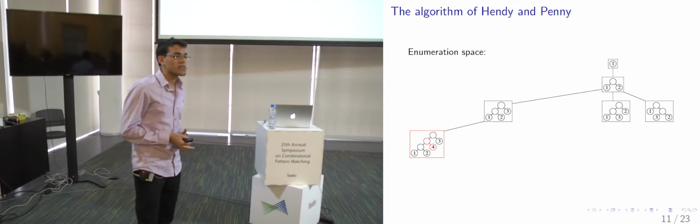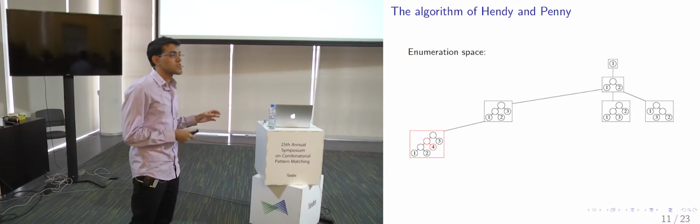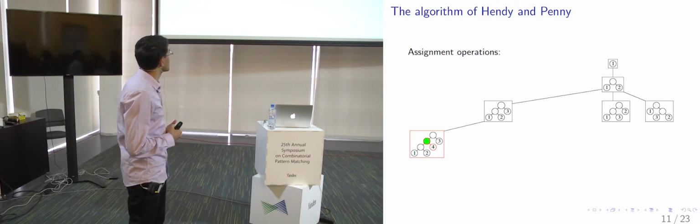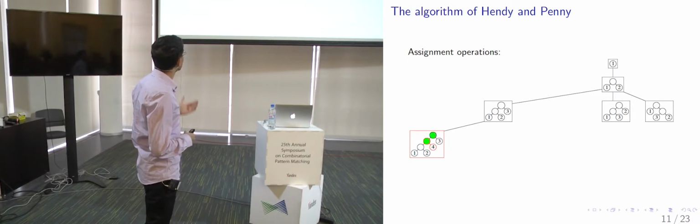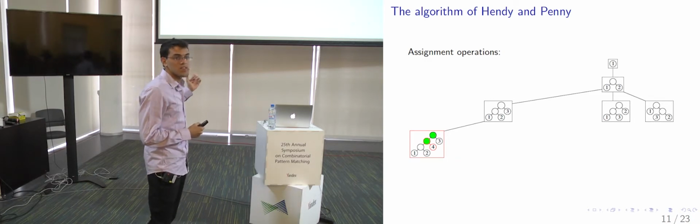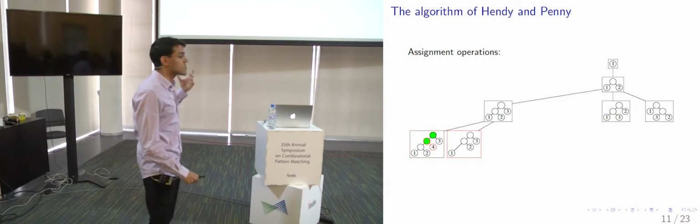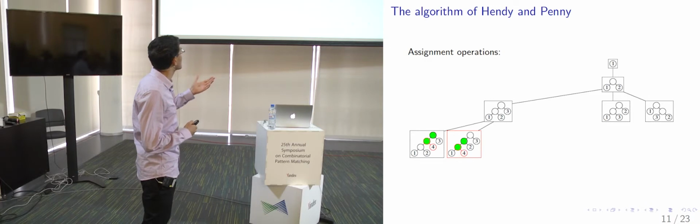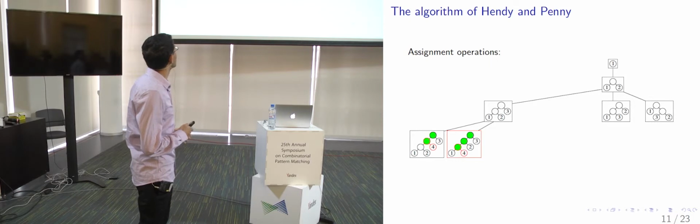Now, what Hendy and Penny did is interleave the small parsimony algorithm within the search space traversal. So now we need to recalculate the assignment for this node. This is one assignment operation. And now we need to recalculate this node because it now has a different child, so we have two assignment operations here. For another edge, we break the edge, add an internal vertex, connect it to the new leaf, and then we need to go all the way up to the root and update the assignments.